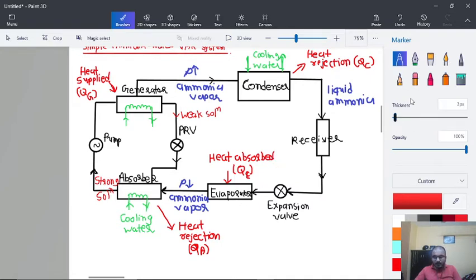Let's say that we are beginning from this section, that is exit of evaporator. We are starting our cycle from here for understanding purpose.